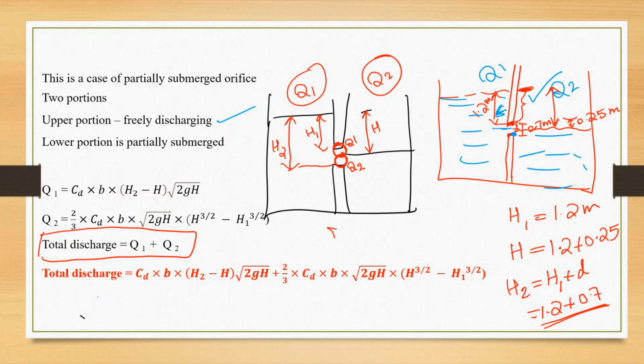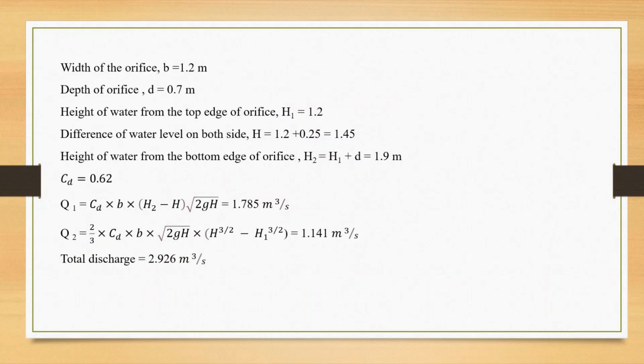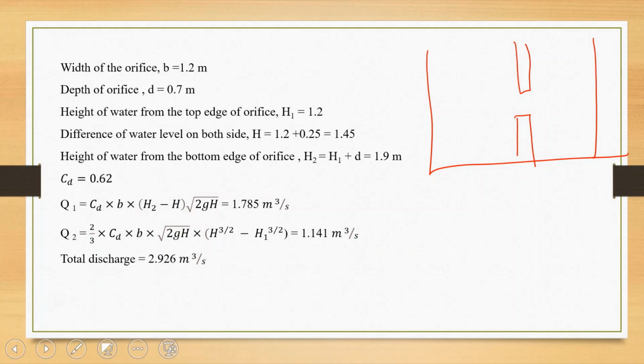So here we have a width of the orifice as 1.2 meter, depth of the orifice is 0.7. The height of the water above the top edge of the orifice is 1.2 meter, and the difference of the water level on both sides is 1.2 plus 0.25.